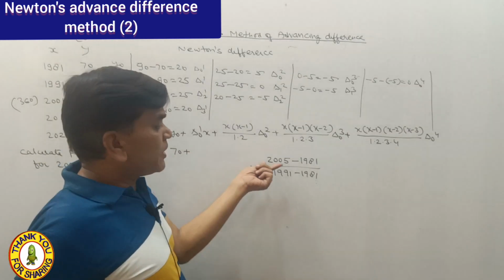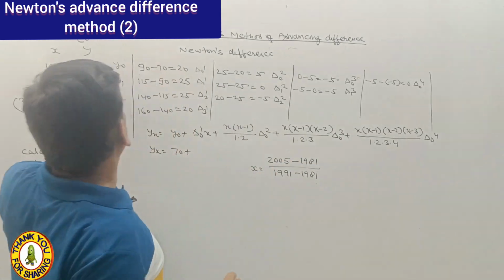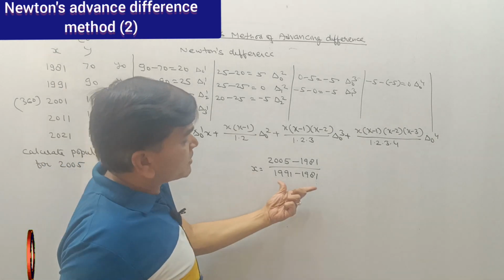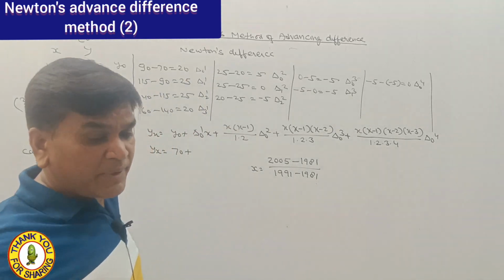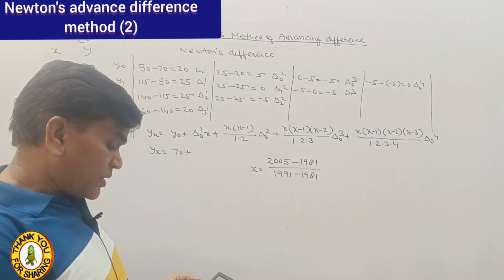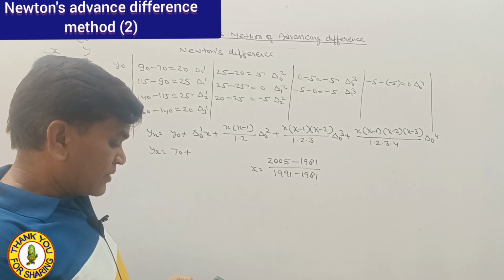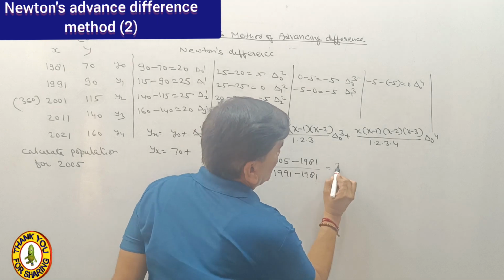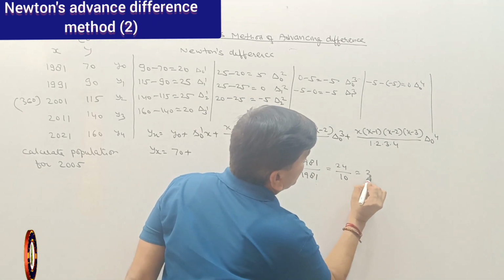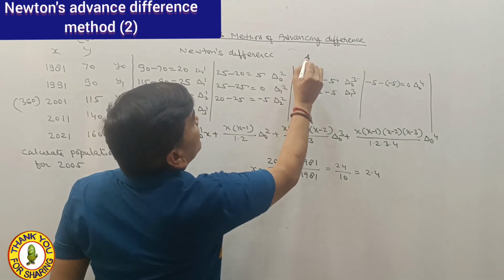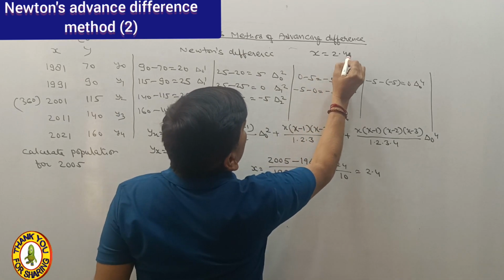So the interpolation year, 2005, minus the origin year, 1981, divided by the difference of the two years, 1991 minus 1981. So 2005 minus 1981 is 24, divided by 10, that is 2.4. So the x value we have calculated is 2.4.